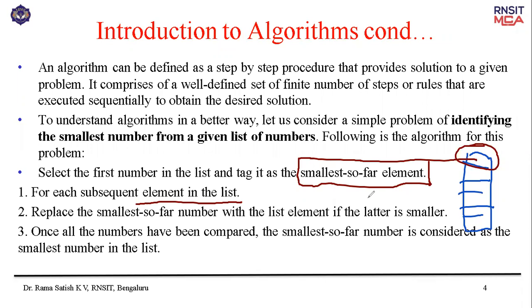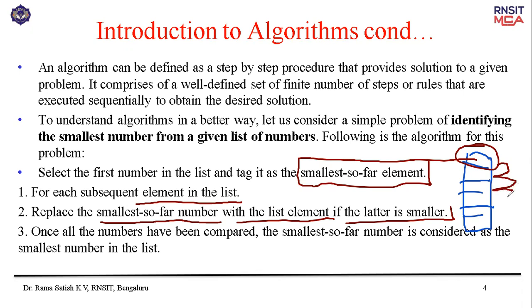Every time, it will check and replace the smallest-so-far number with the list element if the latter is smaller. So you compare the first element with the second element. If the second element is smaller, you replace it as the smaller.